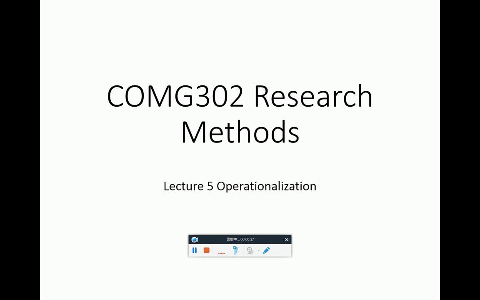So, previously we talked about what concepts are, what constructs are, and what variables are. We said that variables are essentially concepts or constructs that can take different values, exactly because the values that a concept takes can change, can vary. We call them variables.